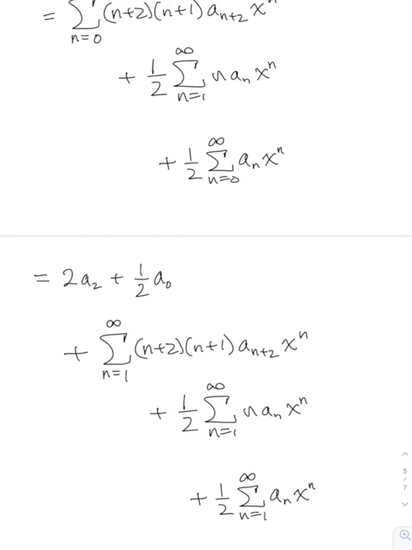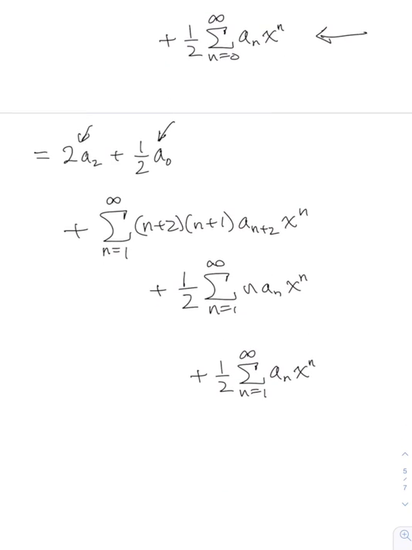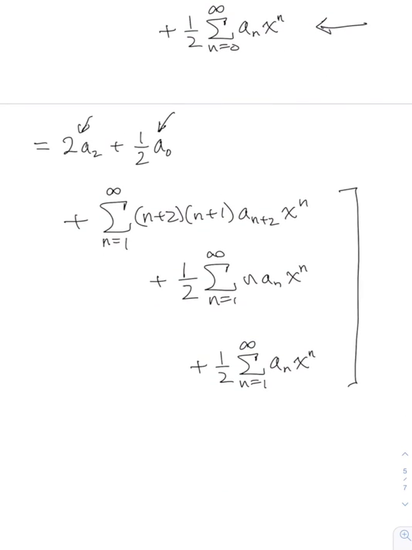If I scroll down, maybe you can see what I've done. I've taken the 0 term from the first series and pulled it off and put it right there. And I've taken the 0 term from the third series and put it there. After having done that, all 3 series now start at 1, they all have x to the n, and those can now be combined.